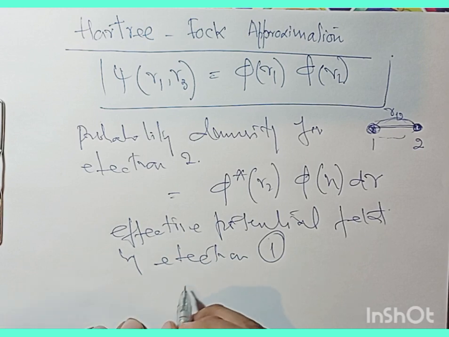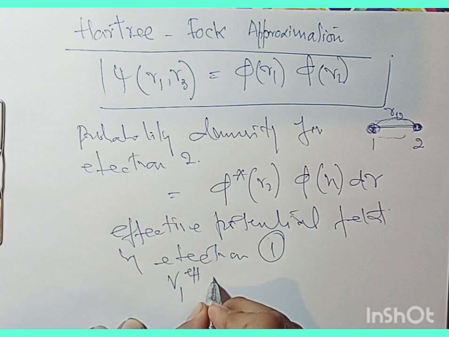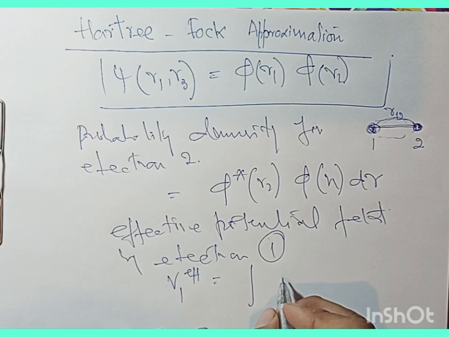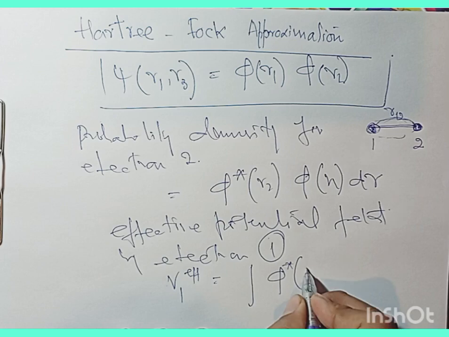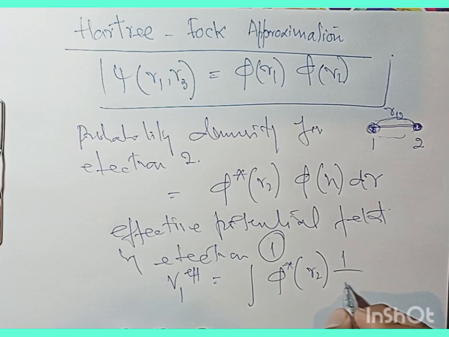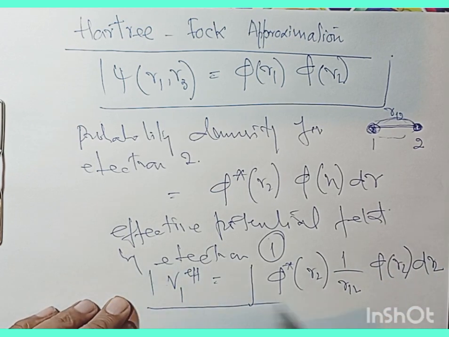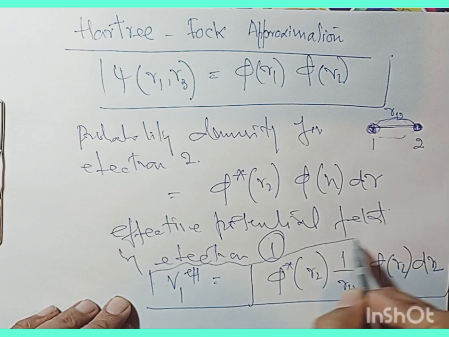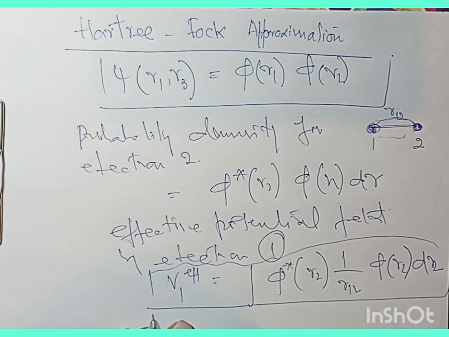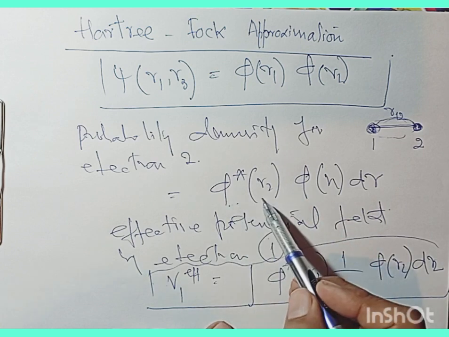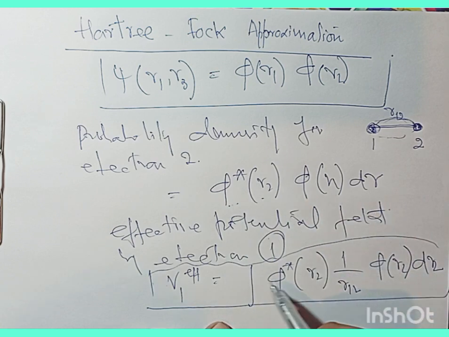If I call that V1 effective, it is the integral of phi star R2, 1 by R12, phi of R2, dr2. So the potential experienced by electron 1 can be given by this equation.